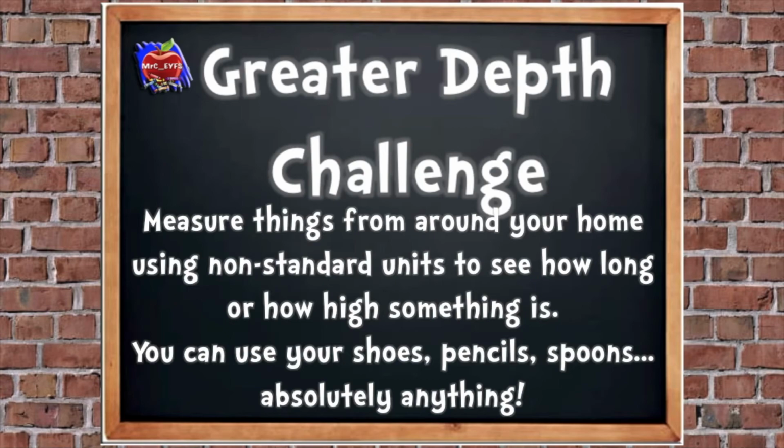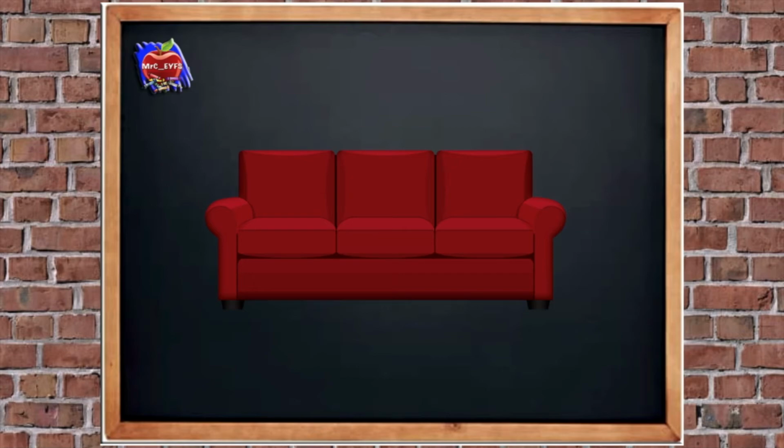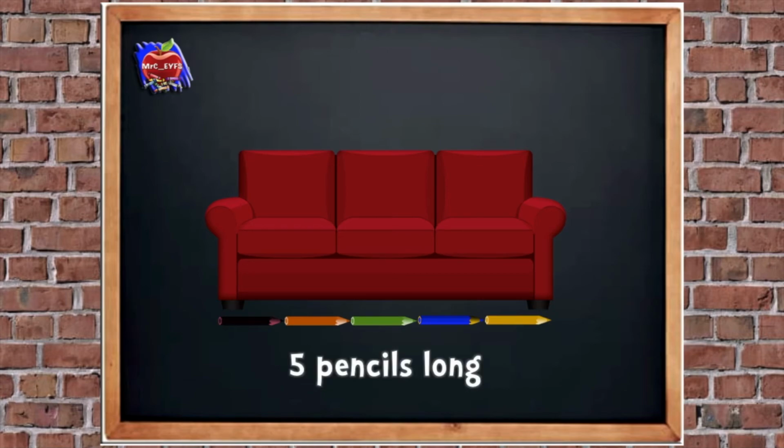So I'm going to give you a little example now. So I've got my sofa, and I'm going to measure the length of it using pencils. So I'm going to line them up across the floor. So I've got 1, 2, 3, 4, 5 pencils. So I know that my sofa is 5 pencils long.